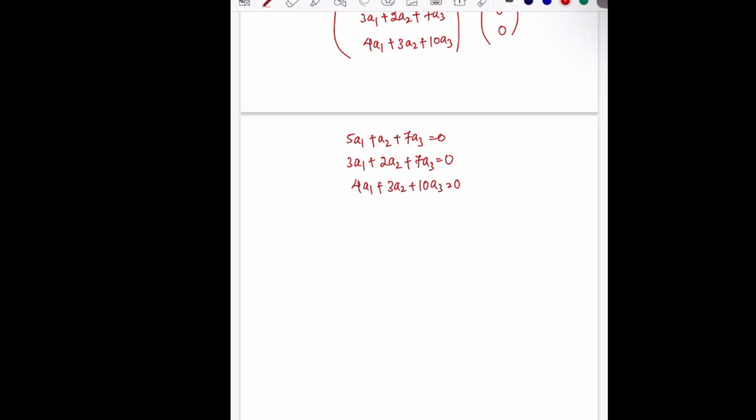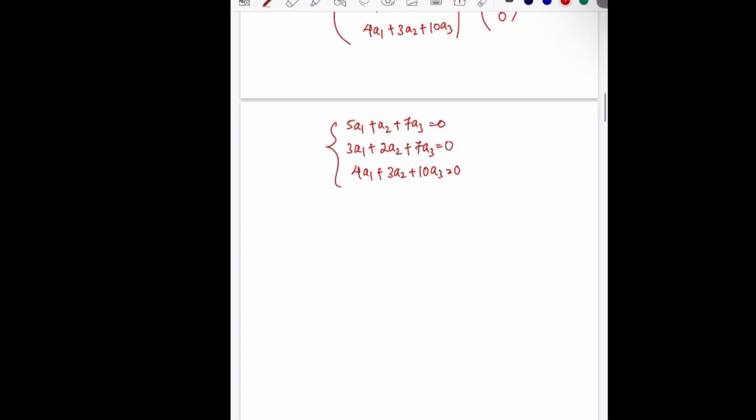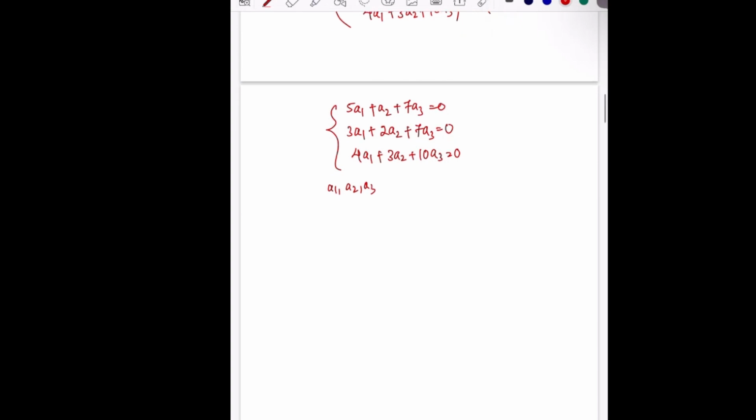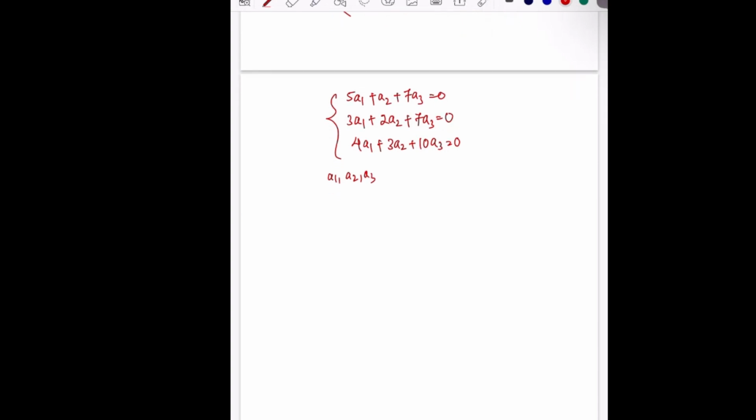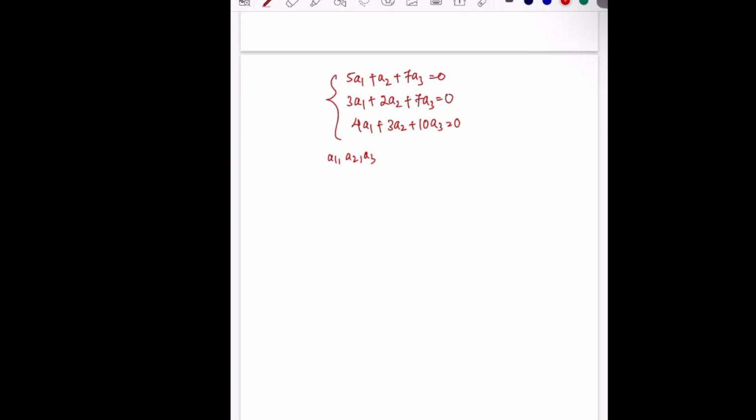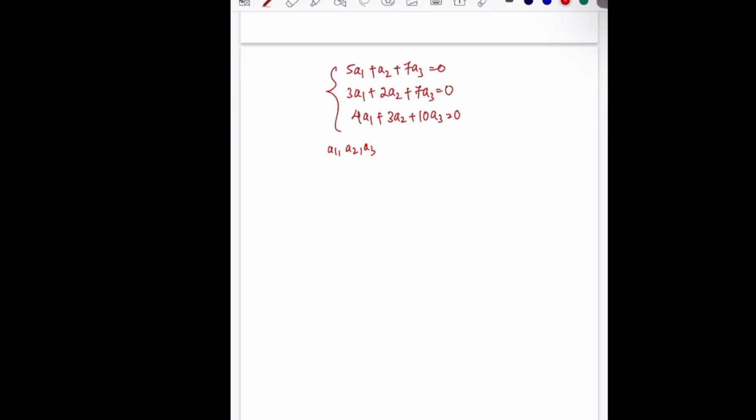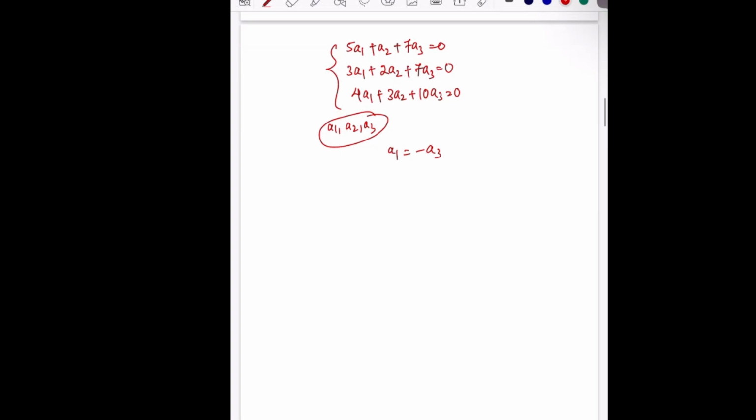Now you are getting three equations and you have three unknowns, a1, a2, a3. I think everyone can solve it using the method of elimination. You just eliminate one of the coefficients and find out the relation between them. If you solve it, you will get the final form as a1 equal to minus a3, and the other one is a2 equal to minus 2a3. So the coefficients are related by this.